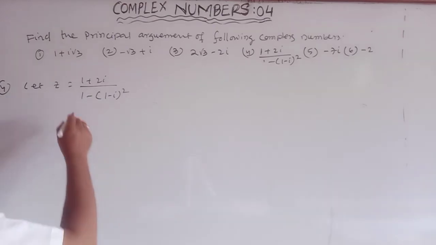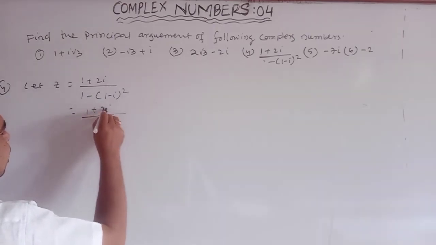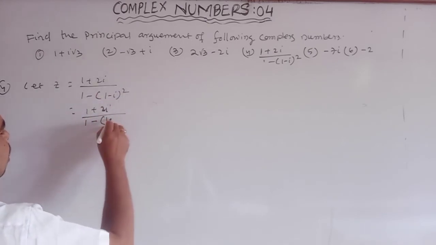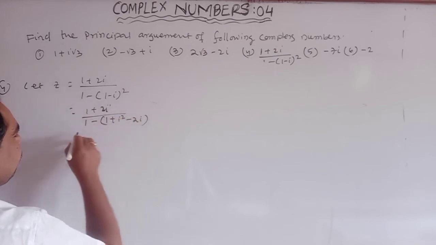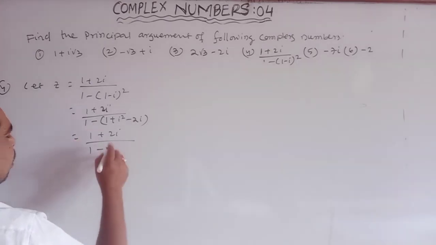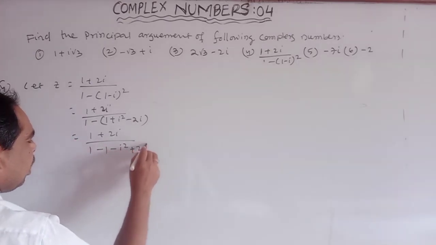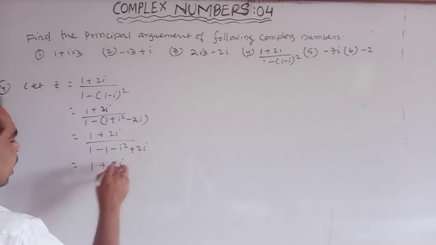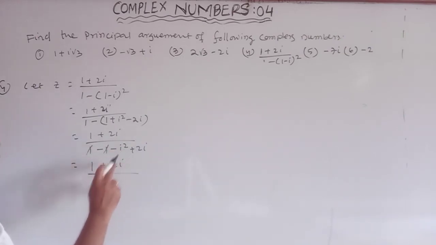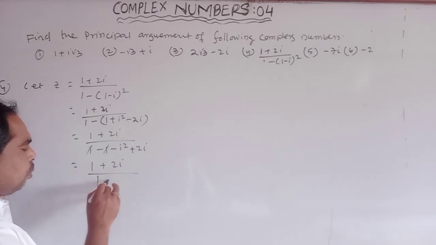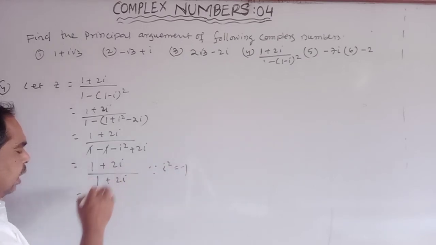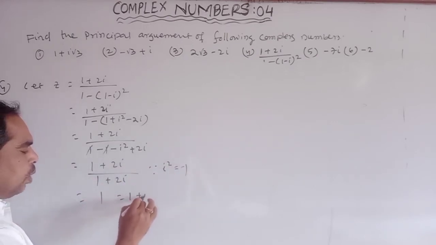So first simplify this. 1 plus 2i divided by 1 minus i whole square means 1 plus i square minus 2i, which is 1 plus 2i divided by 1 minus 1 plus 2i, since i square is equal to minus 1. The 1 cancels, so we get 1 plus i into 0.